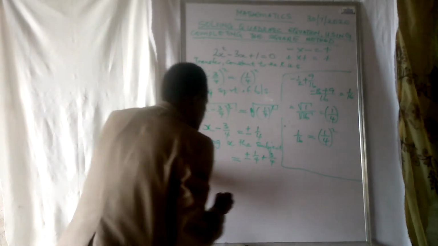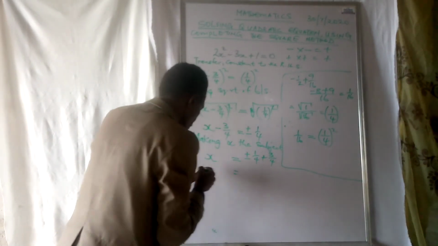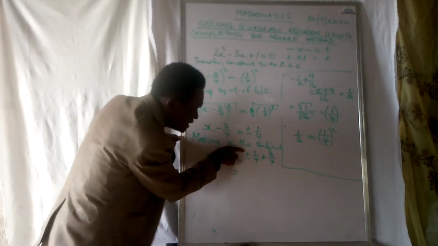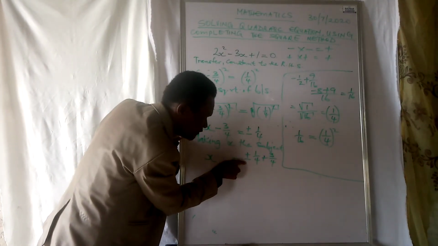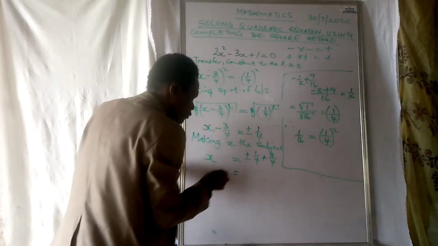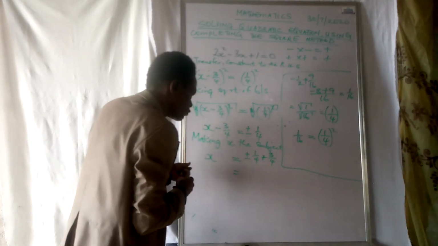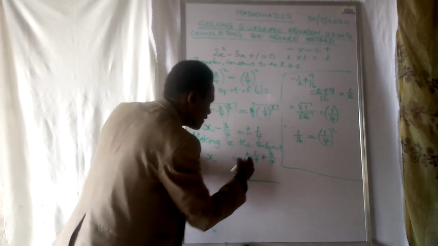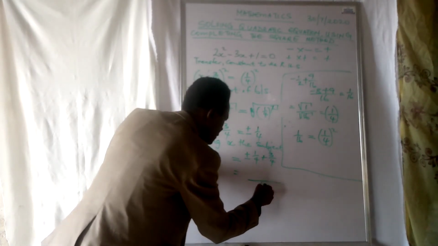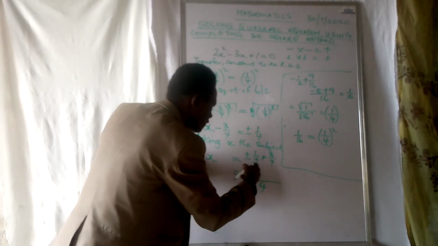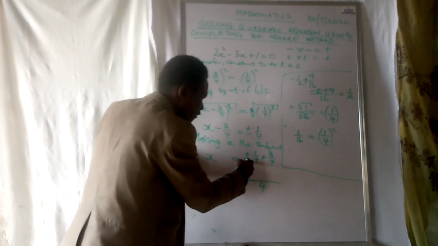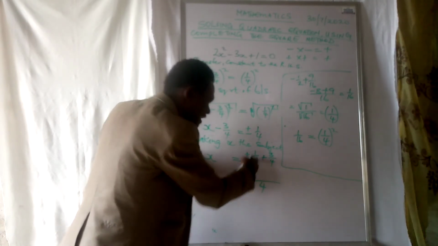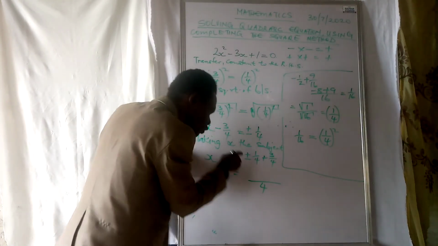So x is equal to, we first of all treat the positive before the negative, to find the value of x. The LCM of 4 and 4 is 4. Then 4 divided by 4 is 1, 1 times 1 is 1, so it is plus 1.